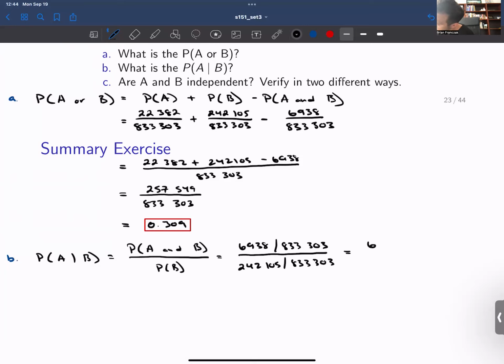This reduces to 6,938 divided by 242,105. And that gives us 0.029.